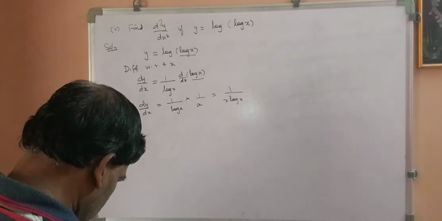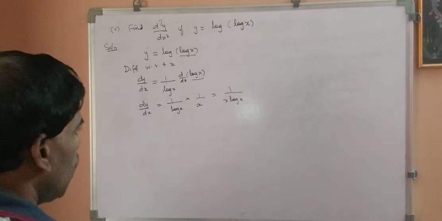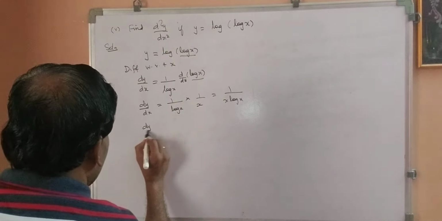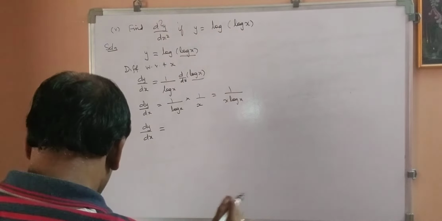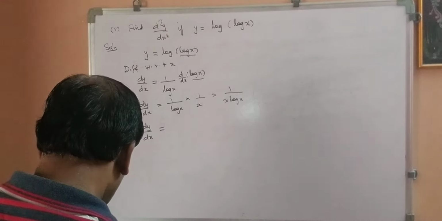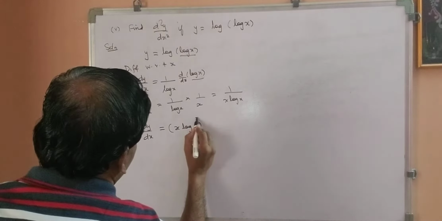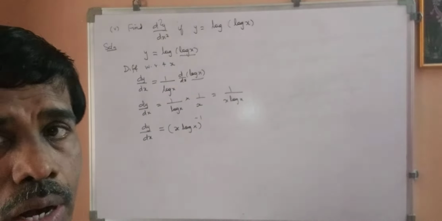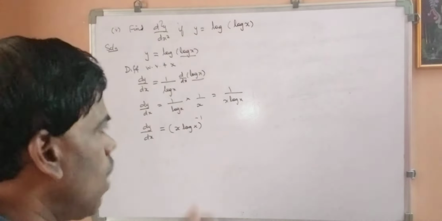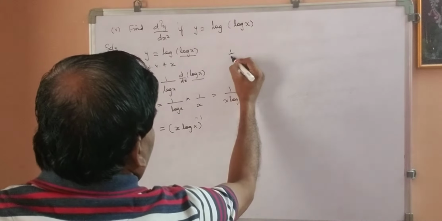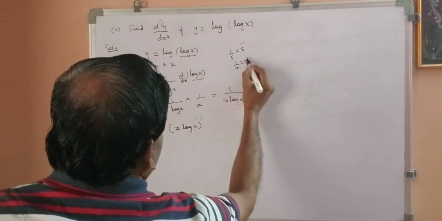Now I will write this like this: x log x to the power minus 1. See, 1 upon 5 means 5 to the power minus 1. 1 upon x means x raised to minus 1.